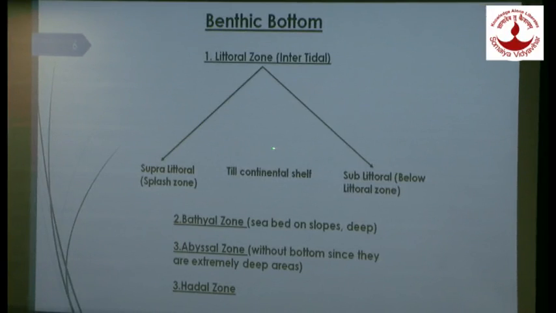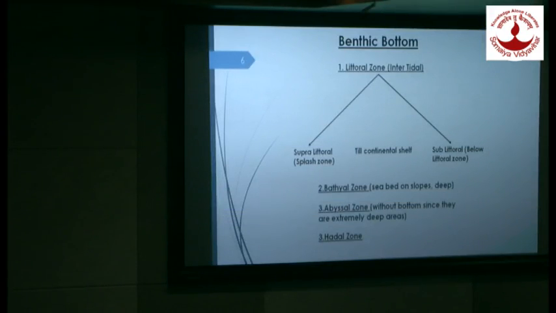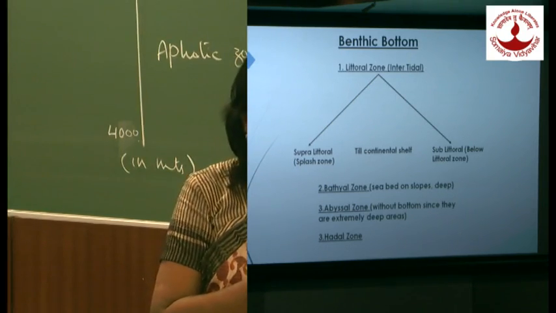Now why do we call it intertidal? Tides, you know, there is low tide, there is high tide. So some part of the land remains devoid of water during certain times. When there is high tide, it will get filled with water. When there is low tide, that area gets exposed. But that area does get water during certain times.